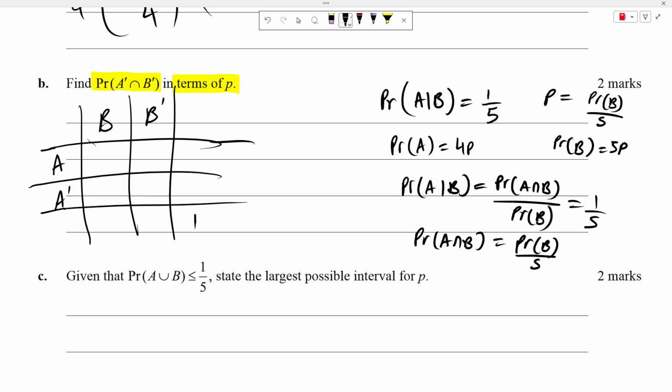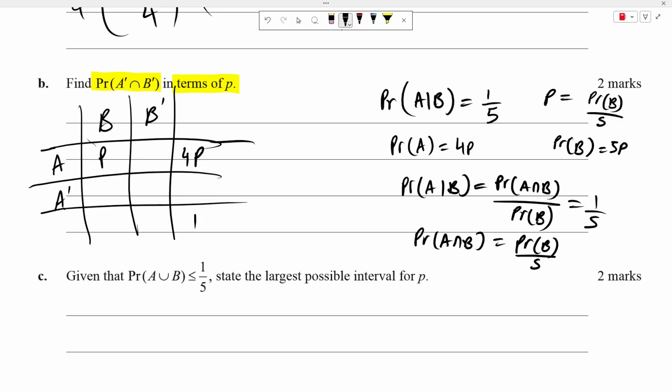Now let's start filling in this table. The first thing we know is that the probability of A intersection B is P. The next thing we know is that the probability of A is 4p. Now if we think about it, the probability of A plus the probability of A complement has to add up to 1, which is why there's a 1 there.